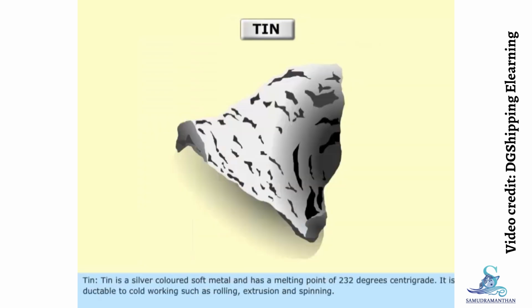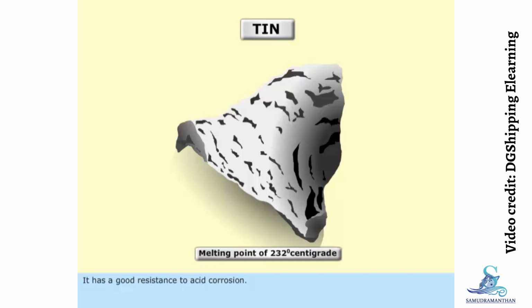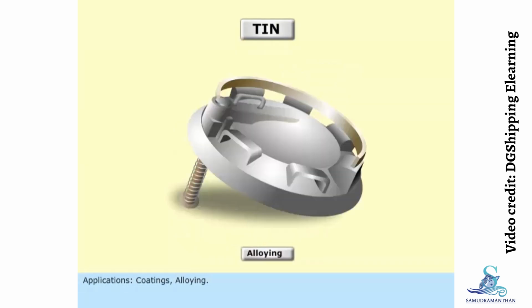Tin. Tin is a silver-colored soft metal and has a melting point of 232 degrees centigrade. It is ductile to cold working such as rolling, extrusion, and spinning. It has good resistance to acid corrosion. Applications: coatings, alloying.